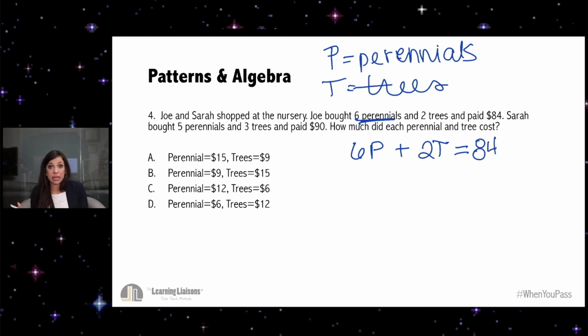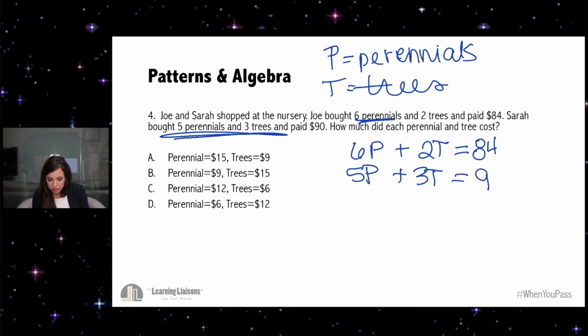So let's use that same process to figure out the equation for Sarah. So Sarah bought 5 perennials and 3 trees, and she paid $90. Now I have a system of equations, or 2 equations, that I can now eliminate a variable to solve.